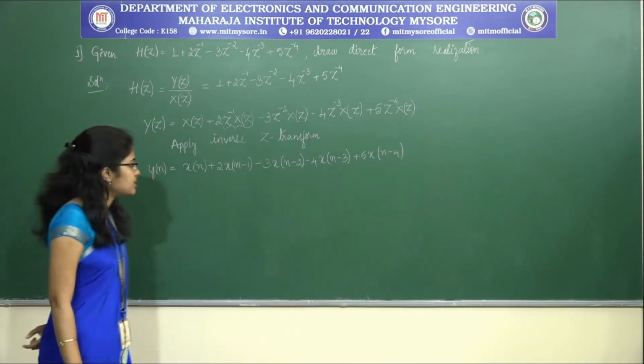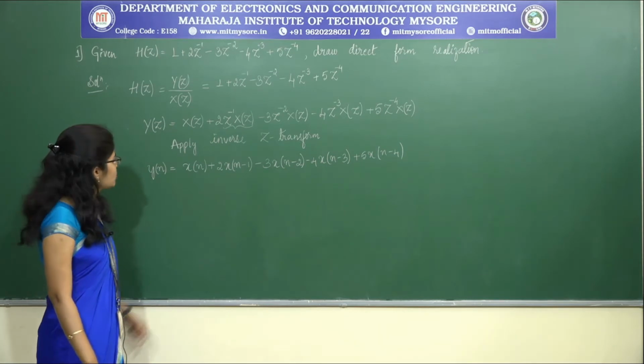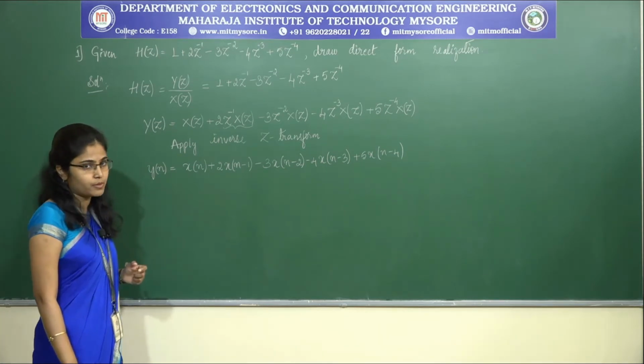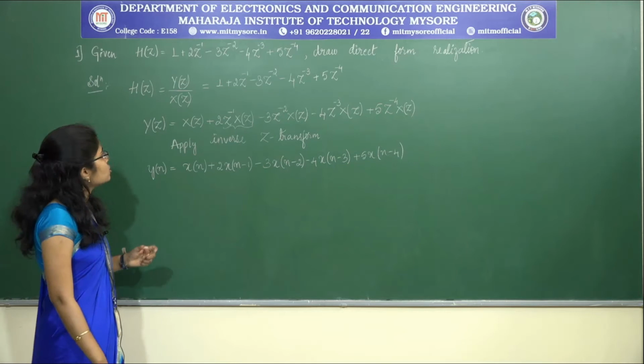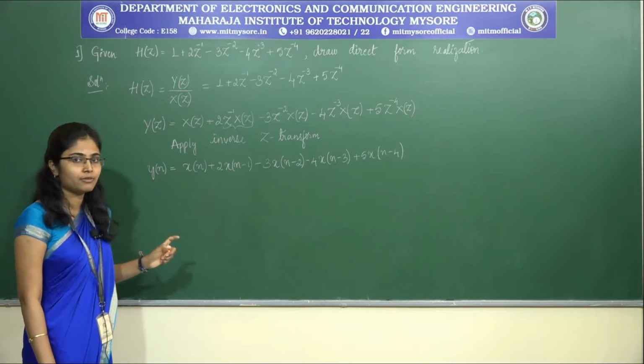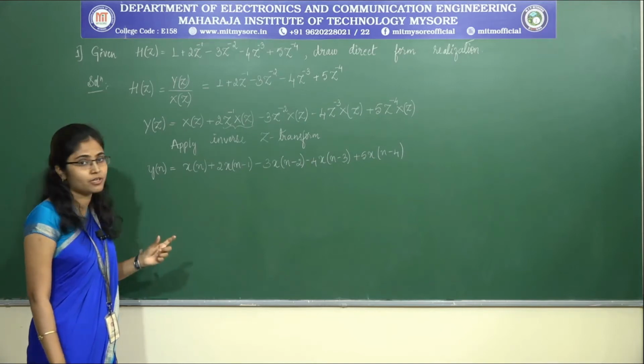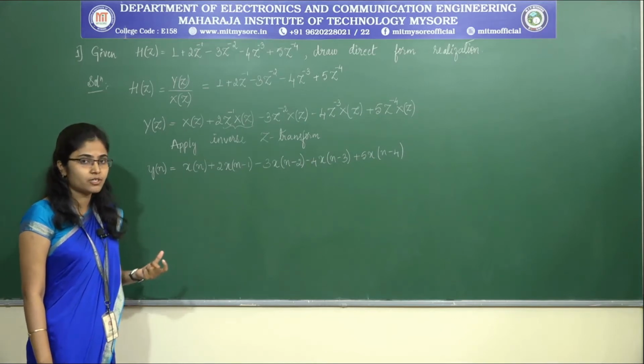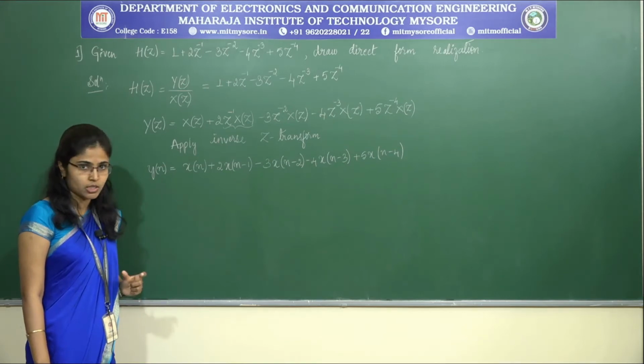So this is the difference equation from which I should draw the direct form realization of an FIR filter. So what I did, from the given system function, we concluded it is an FIR filter just by looking into the system function. We know that the system function of an FIR filter contains only zeros.